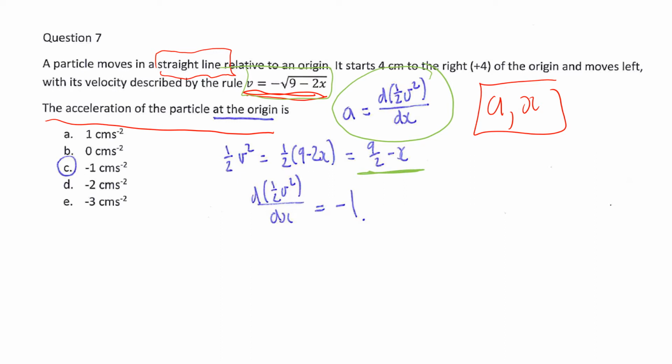The derivative of that with respect to x gives us our acceleration. And so you can see there's constant acceleration. An acceleration of 1 meter per second squared to the left is what that's indicating. So not only will it have an acceleration of -1 at the origin, it'll have an acceleration of -1 anywhere on its journey as it starts 4 to the right and moves to the left.